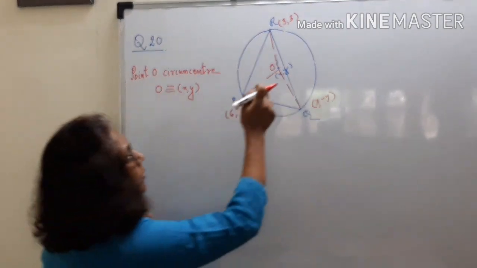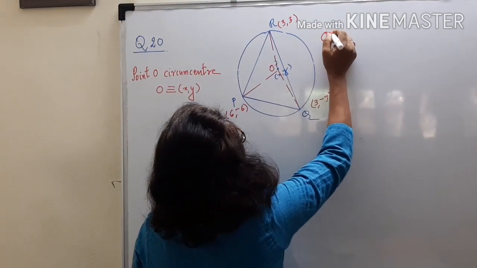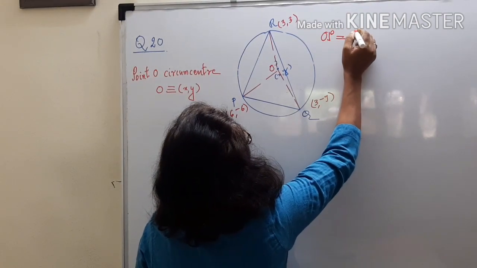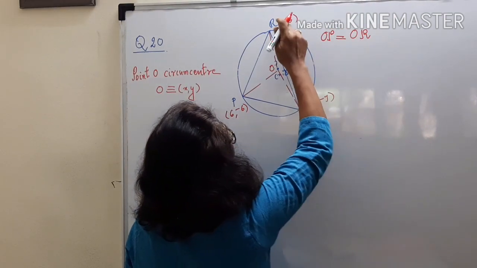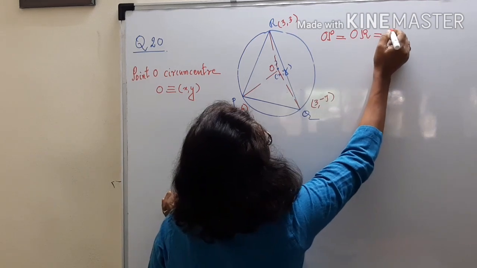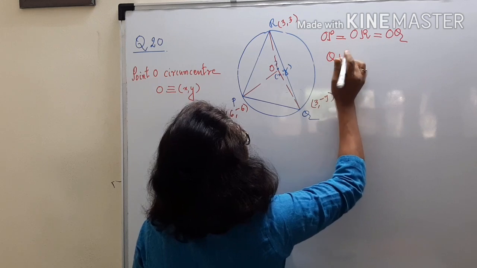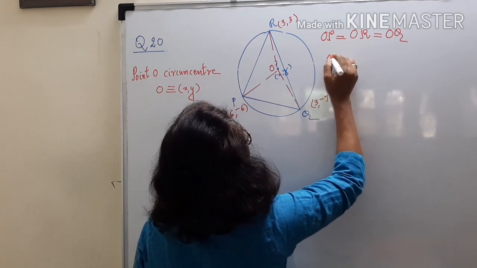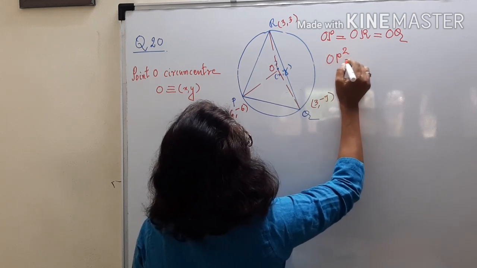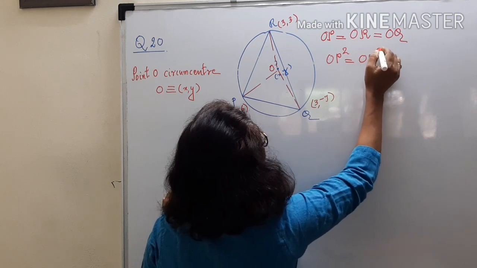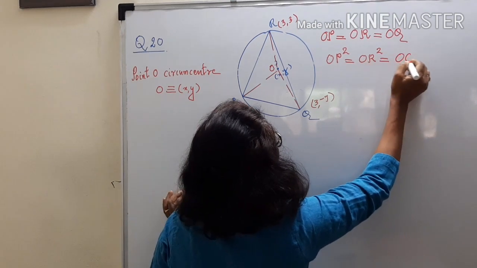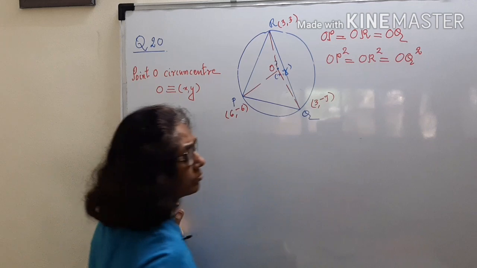Therefore, OP, the radius of the circle, will be equal to OR, the radius, and that is equal to OQ. Therefore, OP square should be equal to OR square and is equal to OQ square.